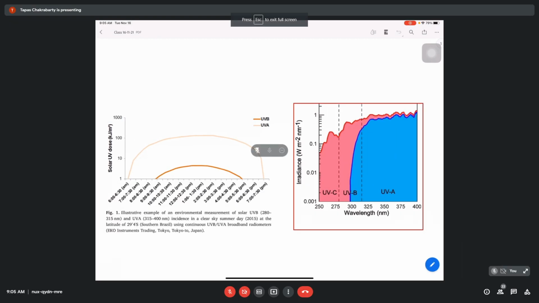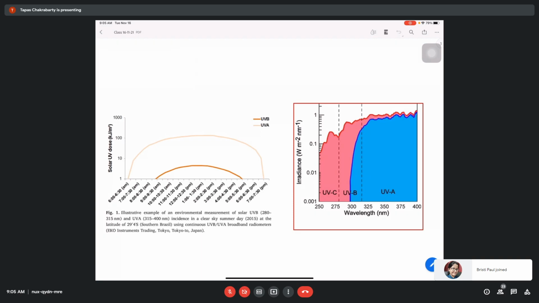Let me discuss the damaging effect of light, particularly the health effect. This is something that all of us know: solar radiation sometimes acts, in biological language, as genotoxic.